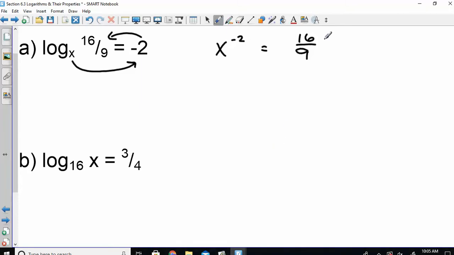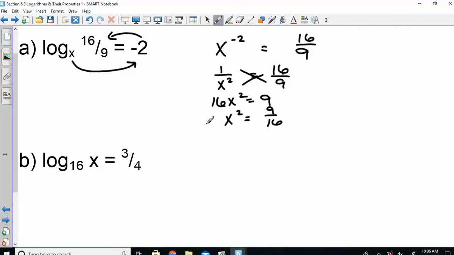I can't just add. Flip it. Okay, 1 over x squared. We cross multiply. So x squared is 9 over 16.